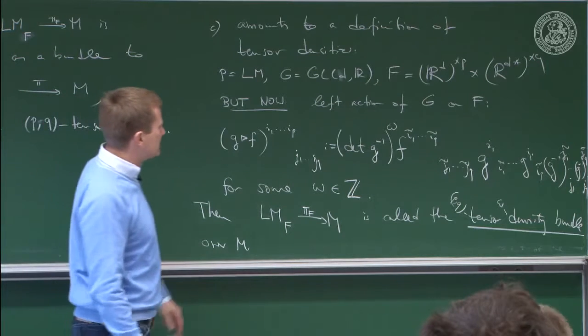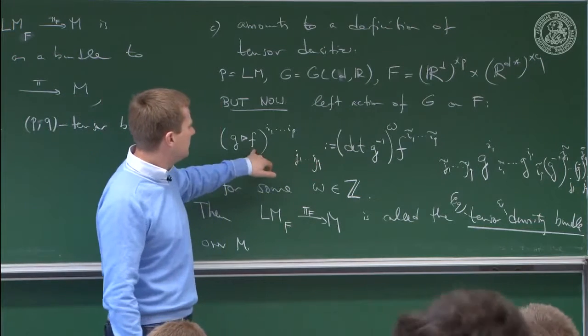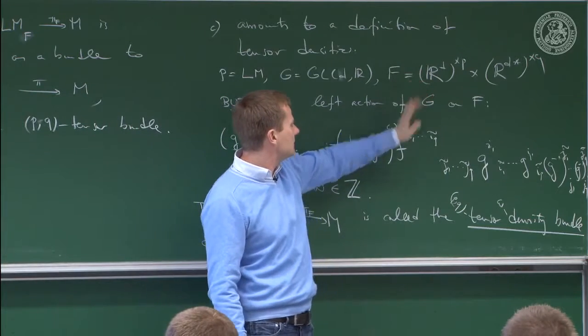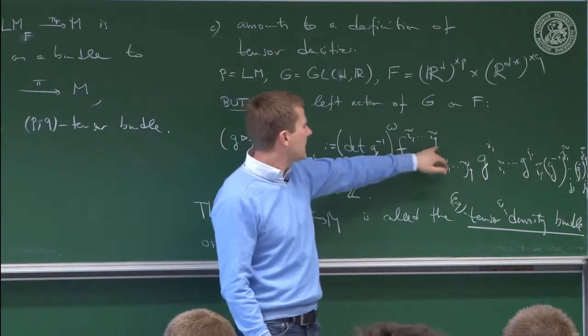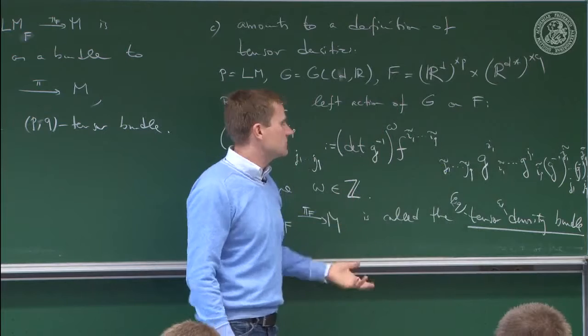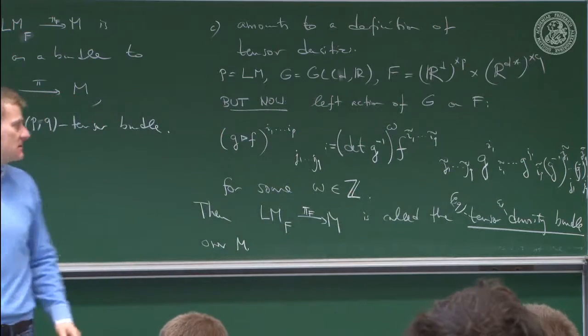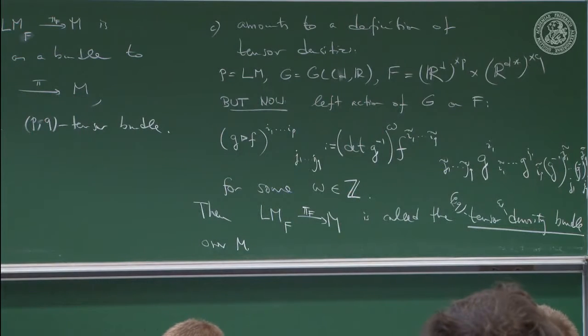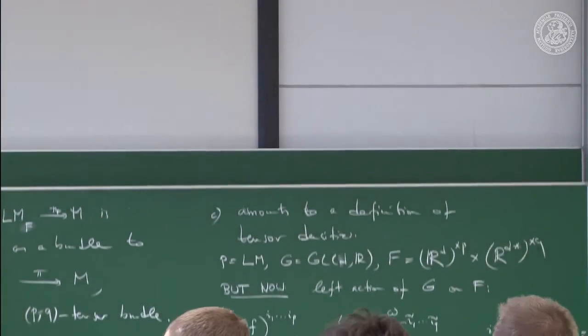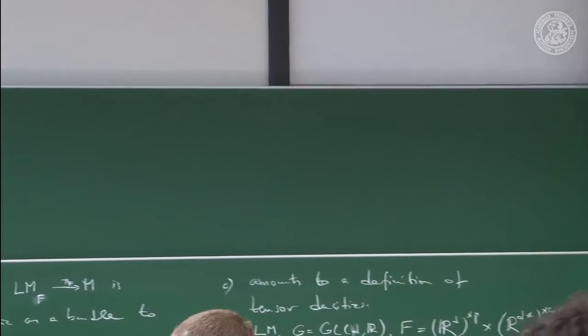Another limit case is if these F's here are just one real number, it's a different fiber, but then F is kept invariant and only scaled by this, and we would call it a scalar density. So maybe we write this down as the last example, because it formally doesn't exactly fall under this.